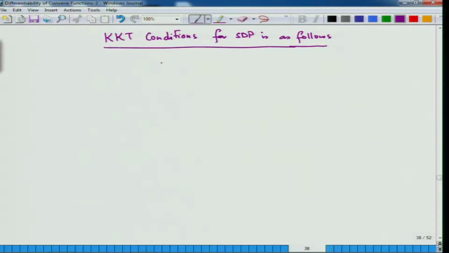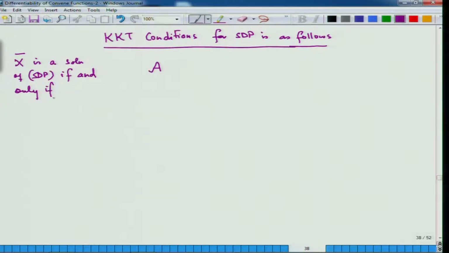So, I will have that x bar is a solution of SDP if and only if, since it is a convex problem, you know this very well, KKT conditions are both necessary and sufficient.